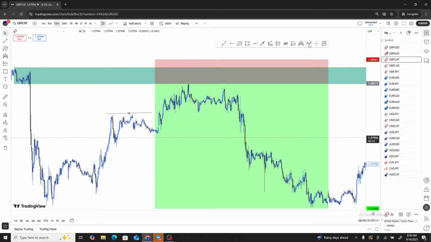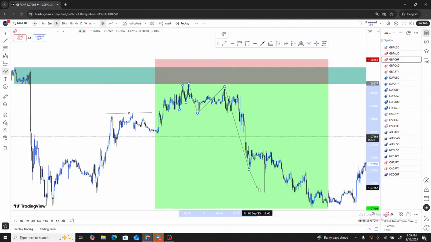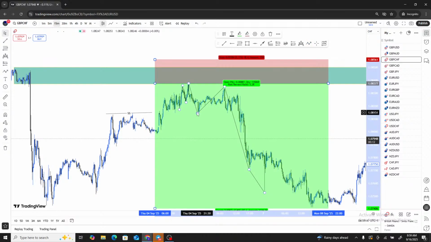Look at it on M15. Boom, it tapped into the order block and started tanking to the downside. And this didn't even have any drawdown till almost 100 pip. Guys, this is amazing.